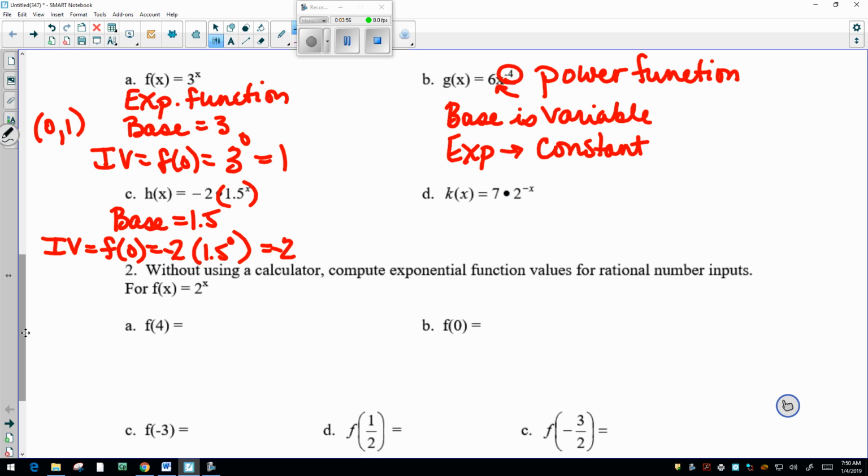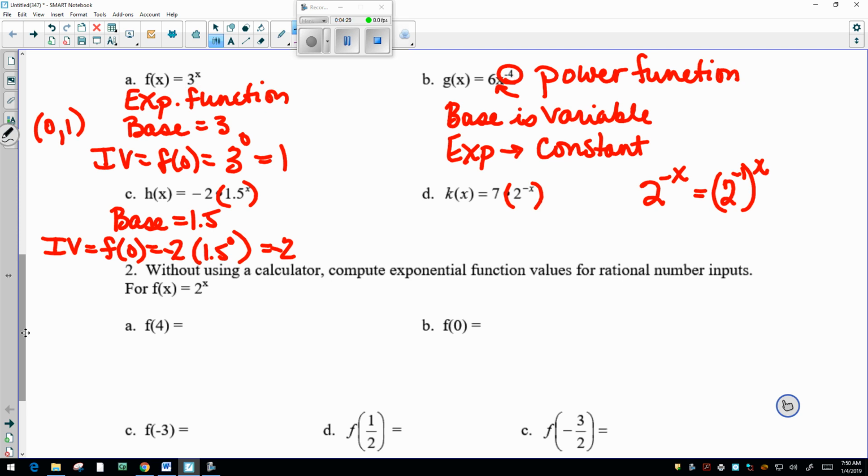Okay. And if we're looking at letter D, again, it looks like an exponent that is a variable. So yes, this again is an exponential function. Now your base we have to be careful with. We have to go back and think some exponential rules. If I just look at the base on the side, I could rewrite this base as being 2 to the negative 1 to the x, because if I think power to a power, I multiply.